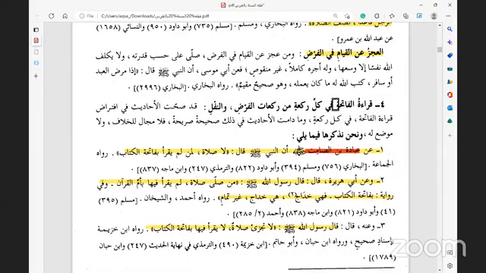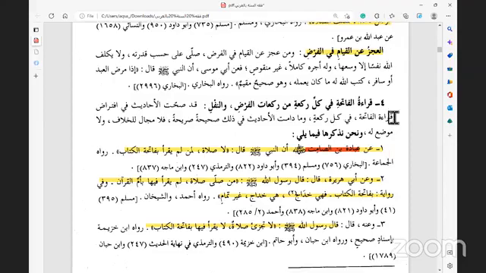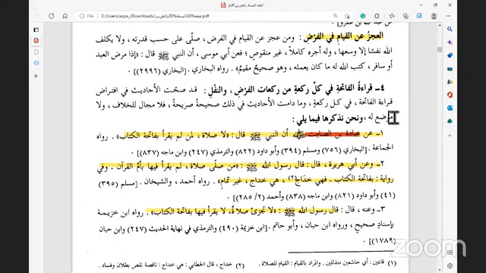Reading the Fatiha in every single rak'ah. What's a rak'ah? A rak'ah is a complete unit: standing, with a ruku', with the sujood. That's a whole rak'ah. So for every single rak'ah, whether it is an obligatory prayer or a non-obligatory prayer, it's actually obligatory to read the Fatiha.